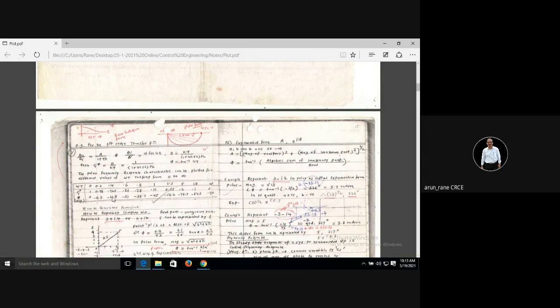You understood what I am telling? Yes, sir. So now you will get a number of points. Now you have to join those points, and that is your polar plot. Now here you write omega T is equal to 0, then here omega T is equal to 0.2, like that. I'll show you.